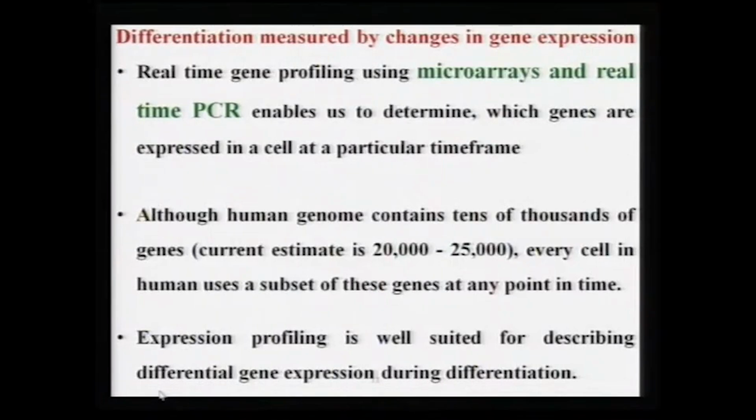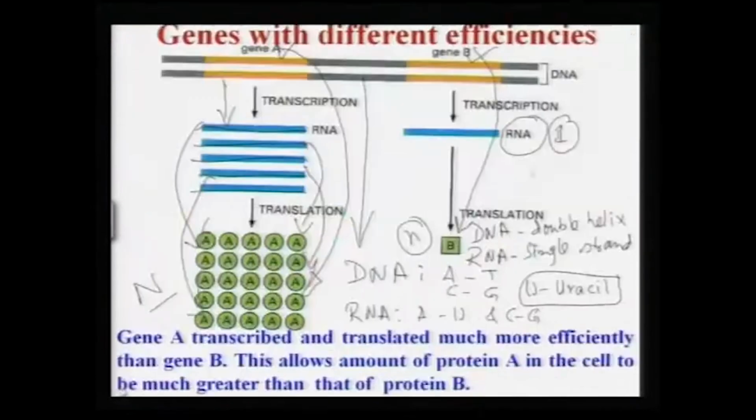Now, real time gene profiling. As I said earlier, although gene A and gene B are contained within the same DNA, gene A and gene B can have different efficiency. Efficiency is measured here in terms of how many protein molecules the gene can finally synthesize.